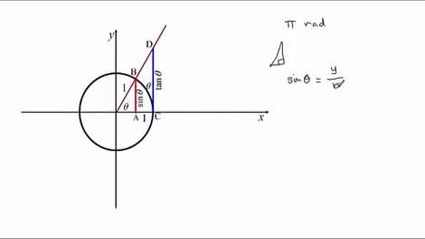Since the radius is 1, this is equal to y. Similarly, we can define tan of theta as the opposite side, which is CD, over the adjacent side, which coincides with the radius and is also equal to 1, so that will be equal to CD.